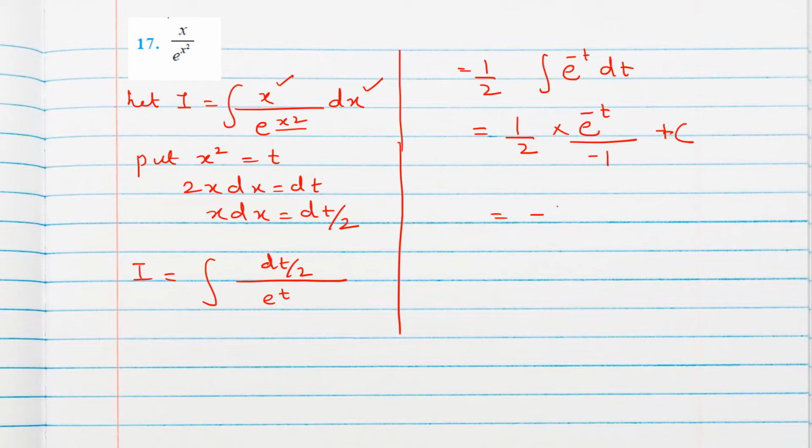So answer will be minus 1 by 2 e power minus t plus c. So resubstitute the value, minus x square plus c. Or you can write as minus 1 by 2 e power x square also, no problem.